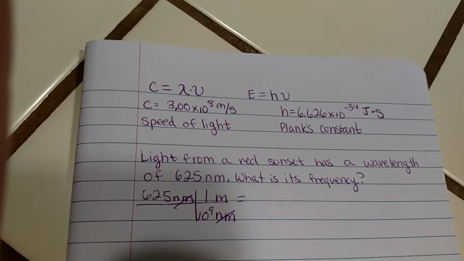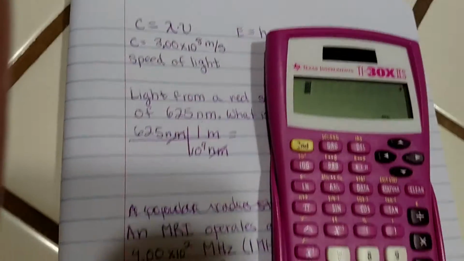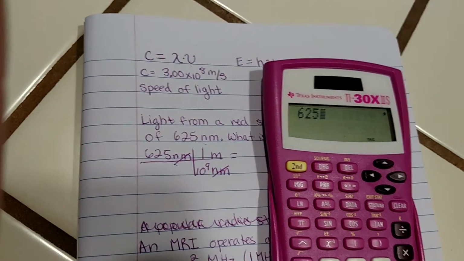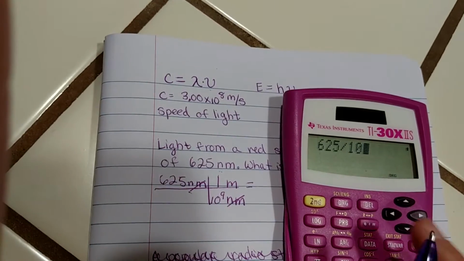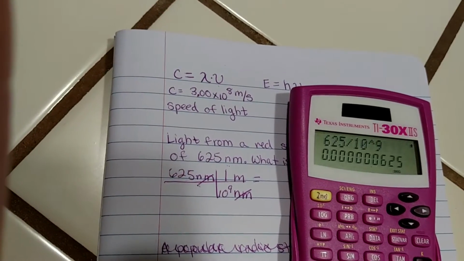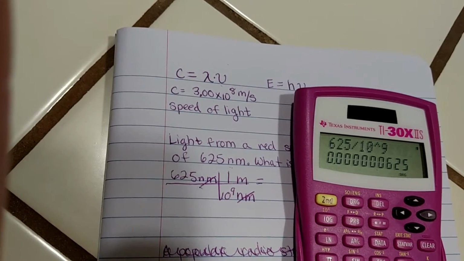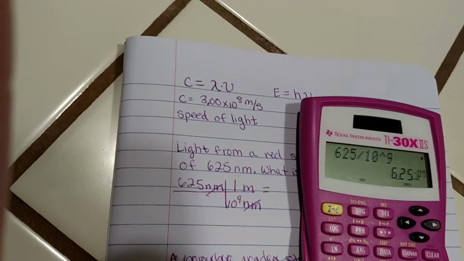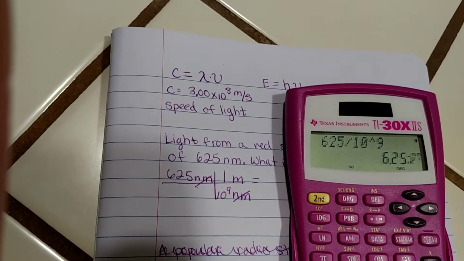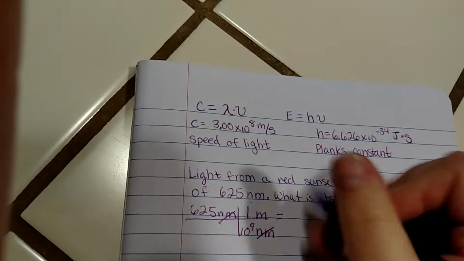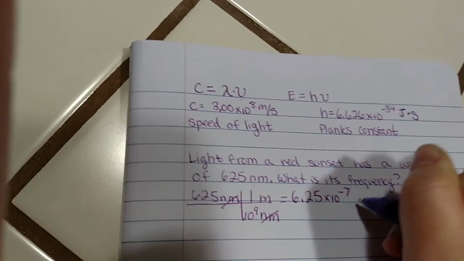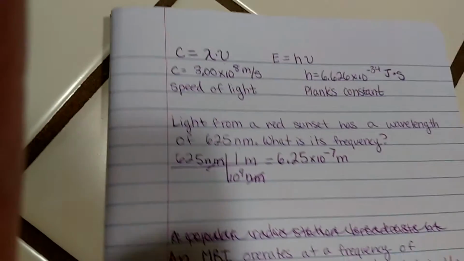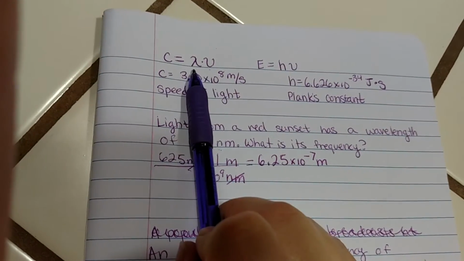We calculate 625 nanometers divided by 10 to the 9th, and we get this really tiny number. So I'm going to change it into scientific notation: 6.25 times 10 to the negative 7th meters.